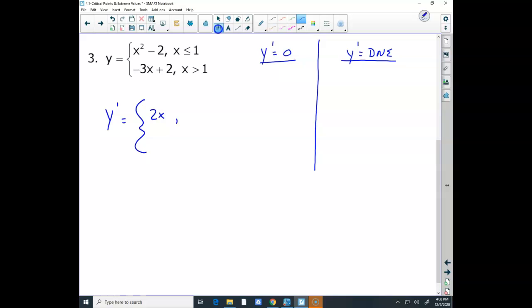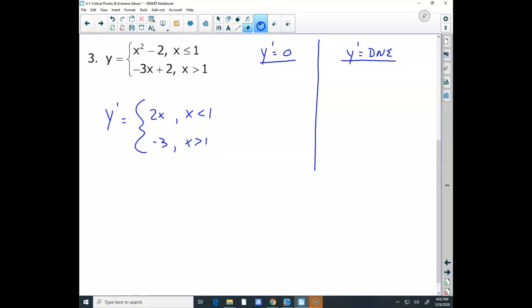It's 2x for x less than 1, and it's -3 for x greater than 1. And that's not a mistake: if I'm not differentiable at 1 and I put an equal to on there, my whole problem's wrong. So I'm just leaving it off, because I don't know if it is differentiable there or not.